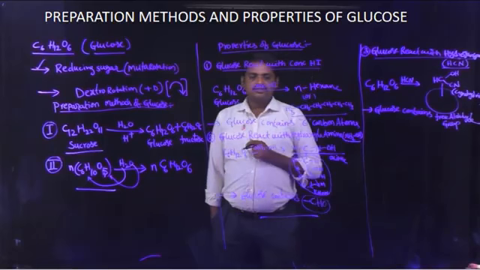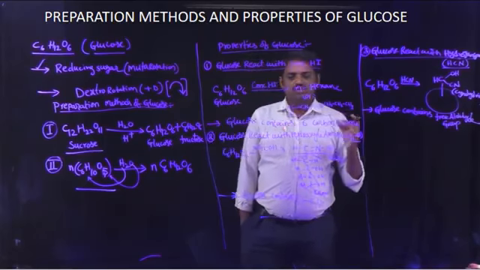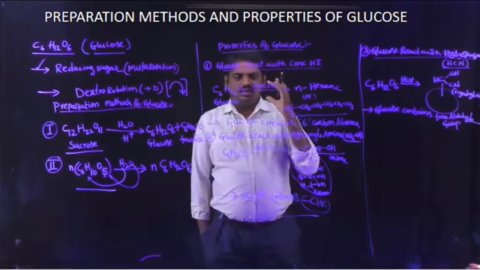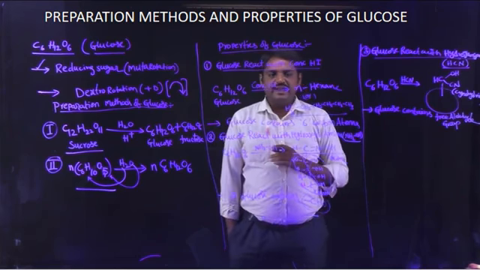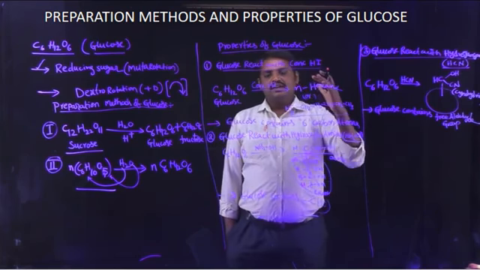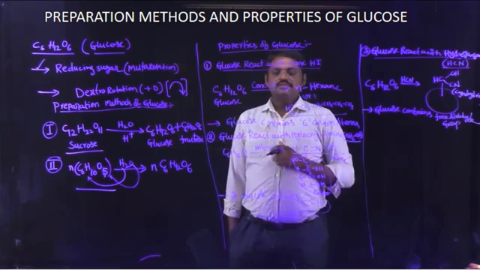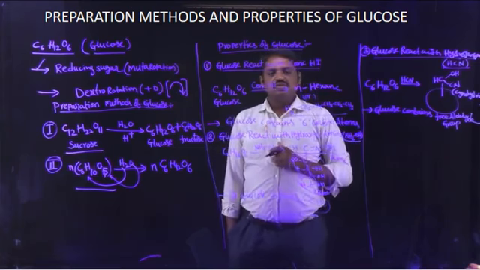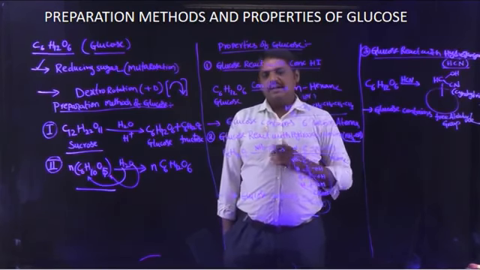So first one, glucose reacts with concentrated hydrogen iodide, it is converted to n-hexane. This point is based on glucose containing 6 carbon atoms.